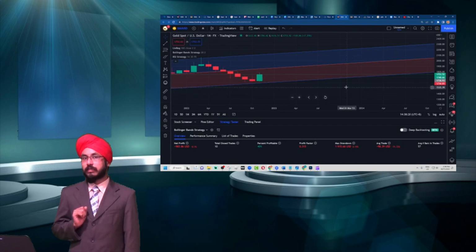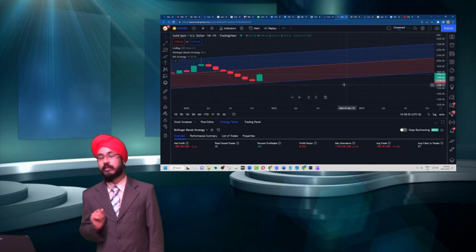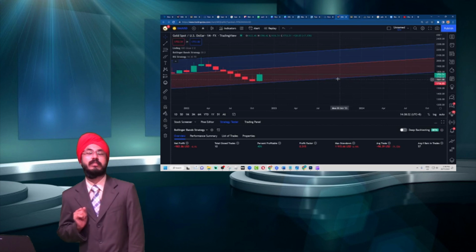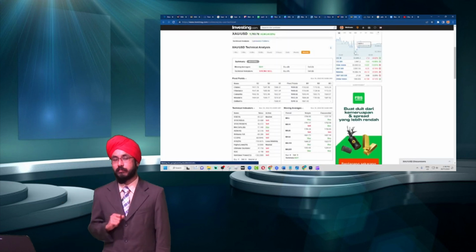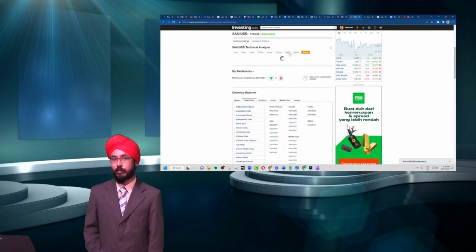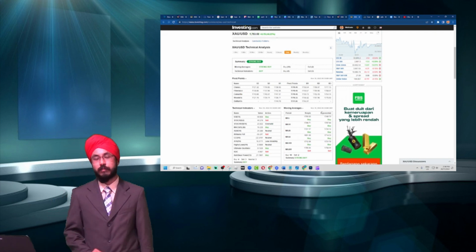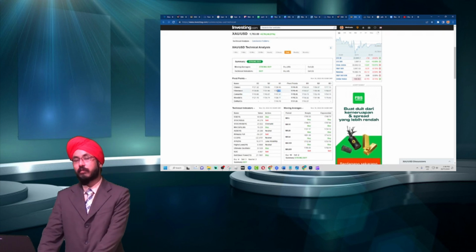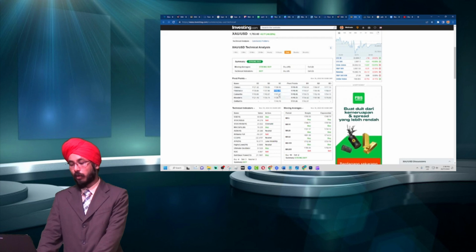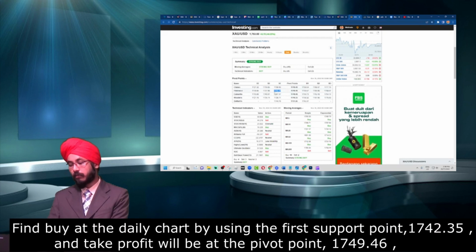As we understand, we have 2 time frames supporting a strong buy, which means we will support the strong buy. Our technical analysis is supporting a strong buy, and our fundamental analysis is also supporting bullish. So we will use our Fibonacci support one, which is 1742.35, as the entry point.